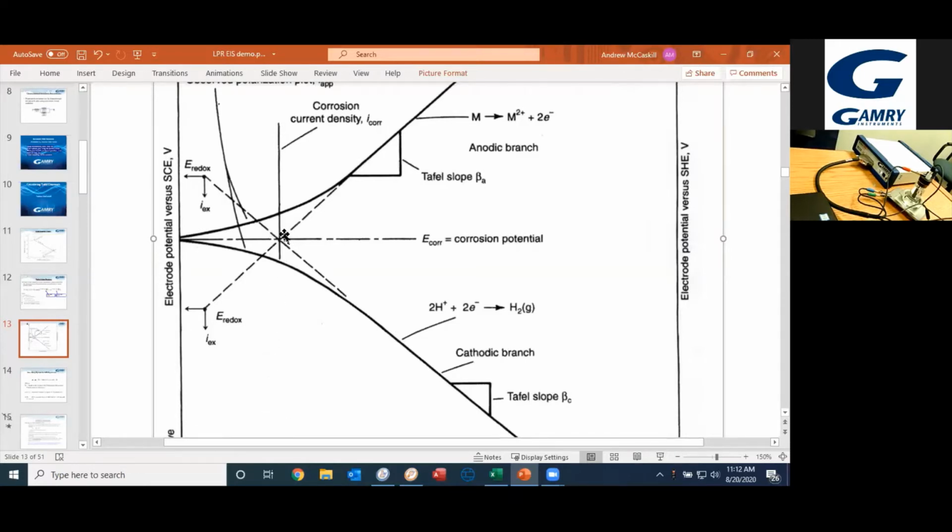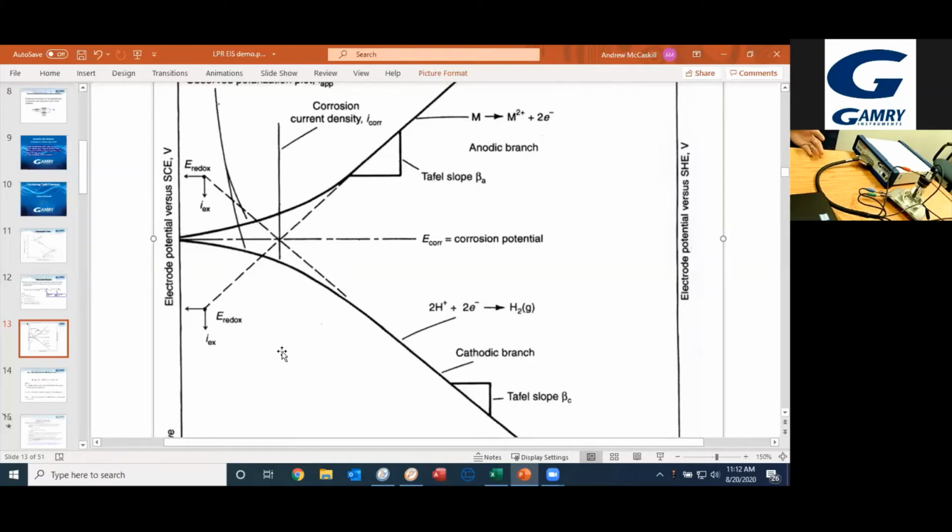So all of these should be intersecting in this one spot right here. And this is the experimental data we are trying to produce so that we can extrapolate what the slope of this branch is going to be, extrapolate what the slope of this branch is going to be. We're going to take a look and see what our E core value is. We can also look and see what the observed corrosion current is.